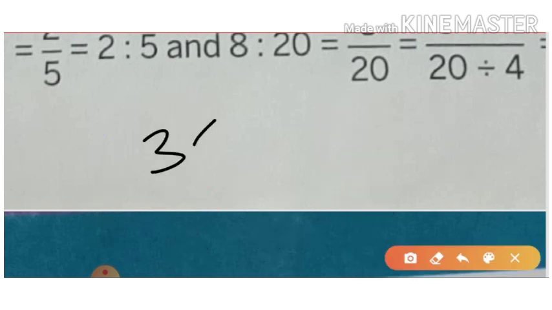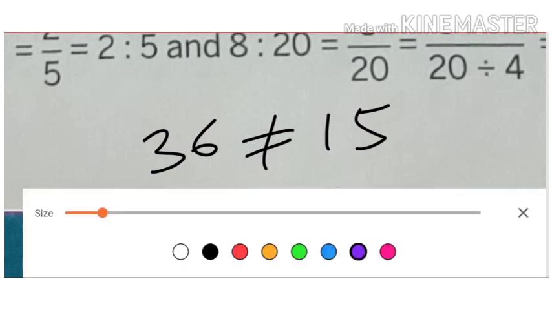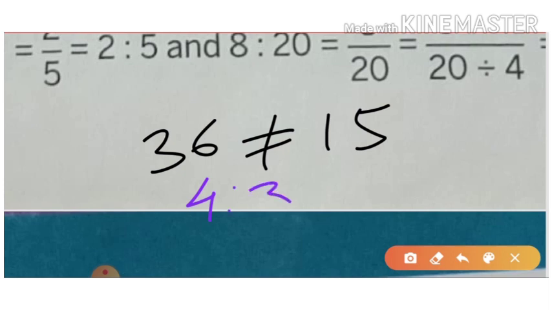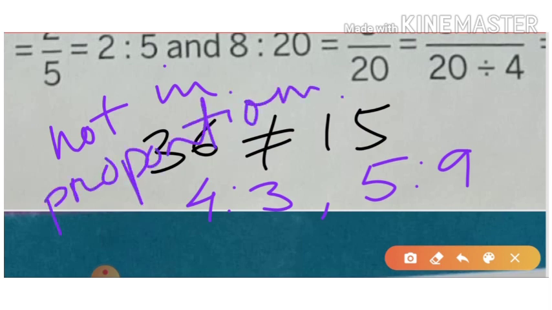Since 36 and 15 are not equal, we can say this 4 is to 3 and this 5 is to 9 are not in proportion. This you have to remember, they are not in proportion, as the product of the extremes is not equal to the product of the means or the middle terms.